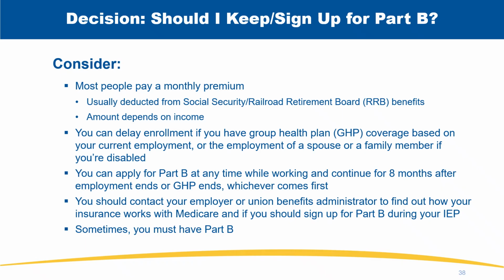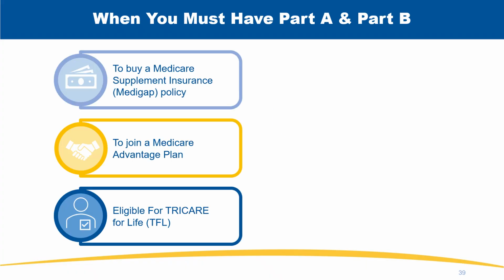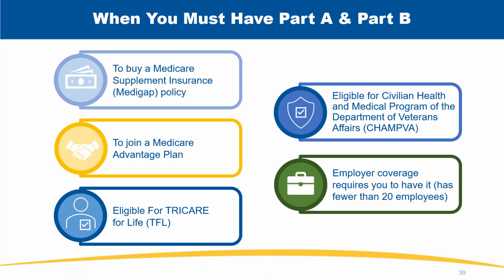Sometimes you must have Part B. When you must have Part A and Part B: to buy a Medicare supplement insurance or Medigap policy, to join a Medicare Advantage plan, you're eligible for TRICARE for Life. TRICARE for Life is for military families.